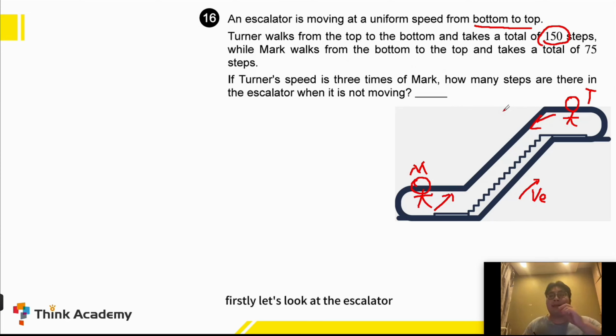Firstly, let's look at the escalator. I think this time Turner is very dangerous, right? Because the escalator is going from bottom to top and he didn't obey the order.